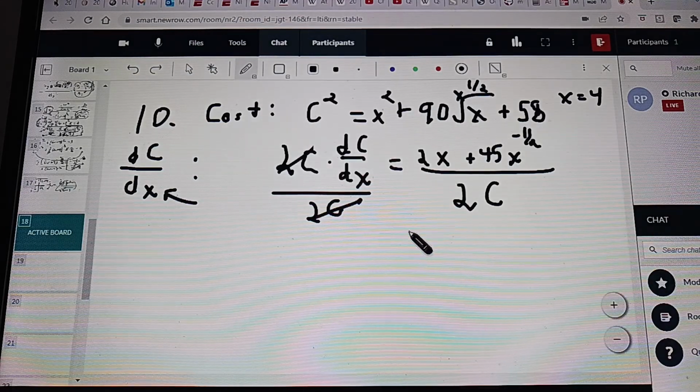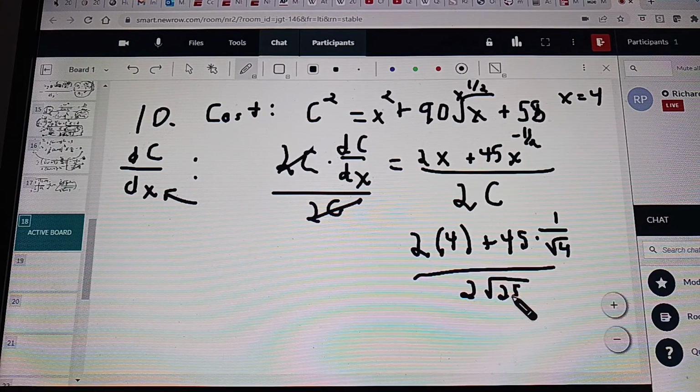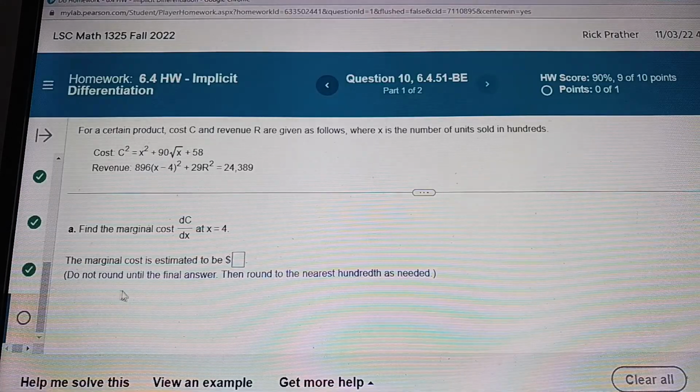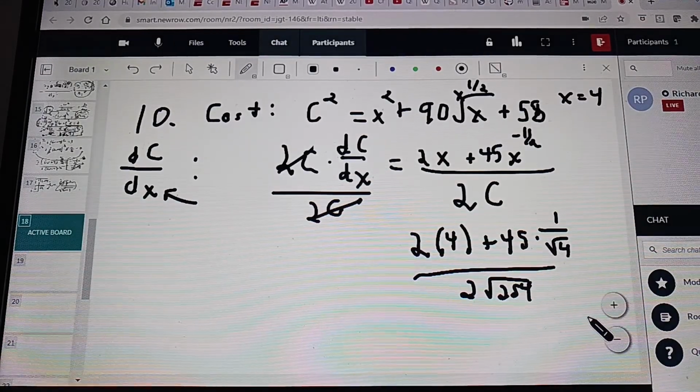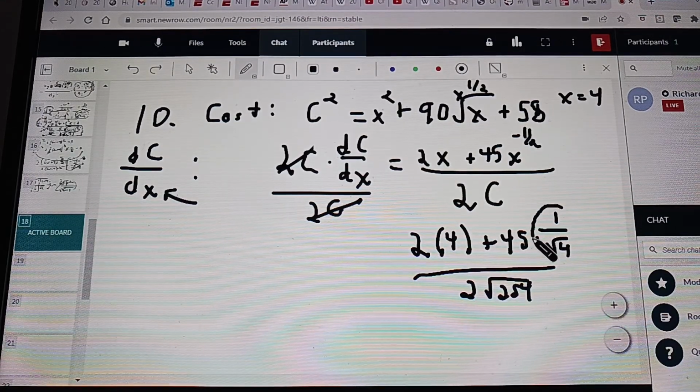Okay, so we're going to plug in 4 for x. And this is 1 over the square root, so 1 over square root of 4. And then this is going to be square root of 254 right here. This is 2, 1/2 of 45. What kind of answer do they want here? If not rounding to the final answer, then round to the 100th. Okay, they do want a decimal. So that's going to work fine in here then. So I can do half of, this is 1/2 right here. Square root of 4 is 2, so that's 1/2.